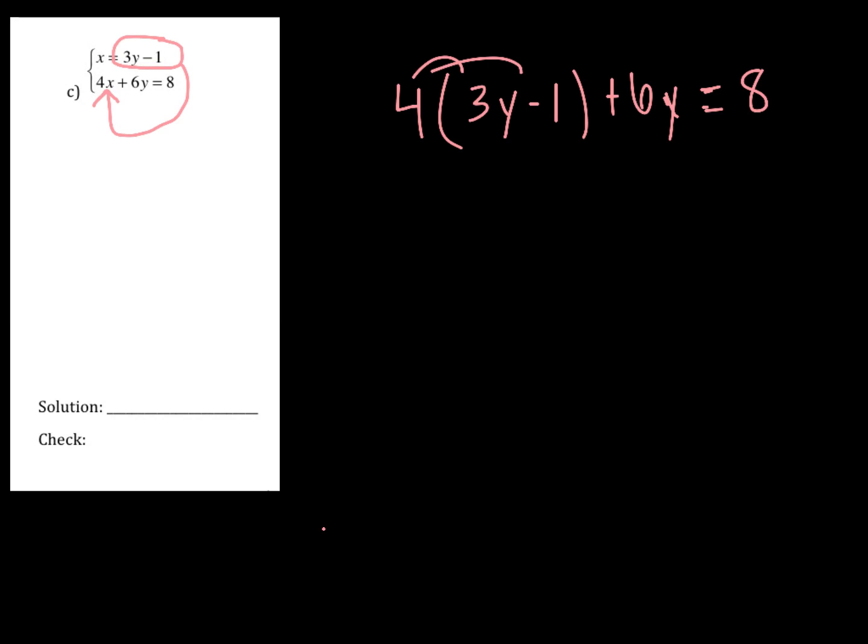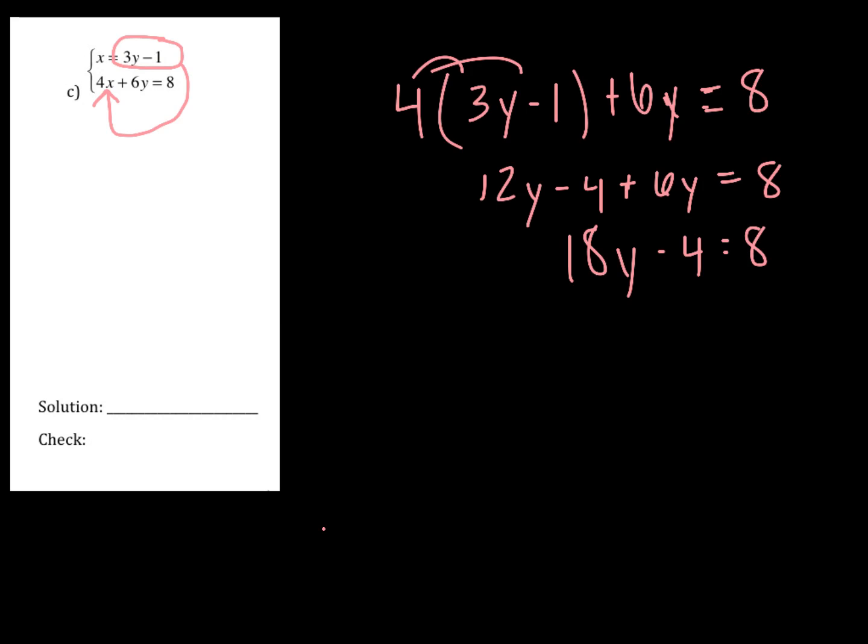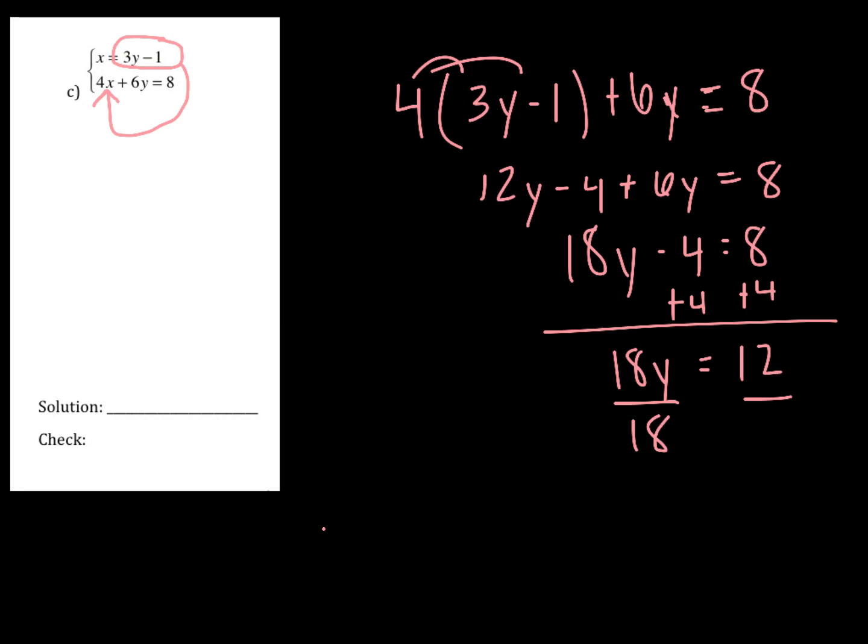So we'll just go ahead and simplify this. So we get 12y minus 4 plus 6y equals 8. 12y and 6y is 18y. Add the 4 over and get 18y equals 8 plus 4, which is 12. So it looks like this one is going to be a decimal or a fraction, which is fine.